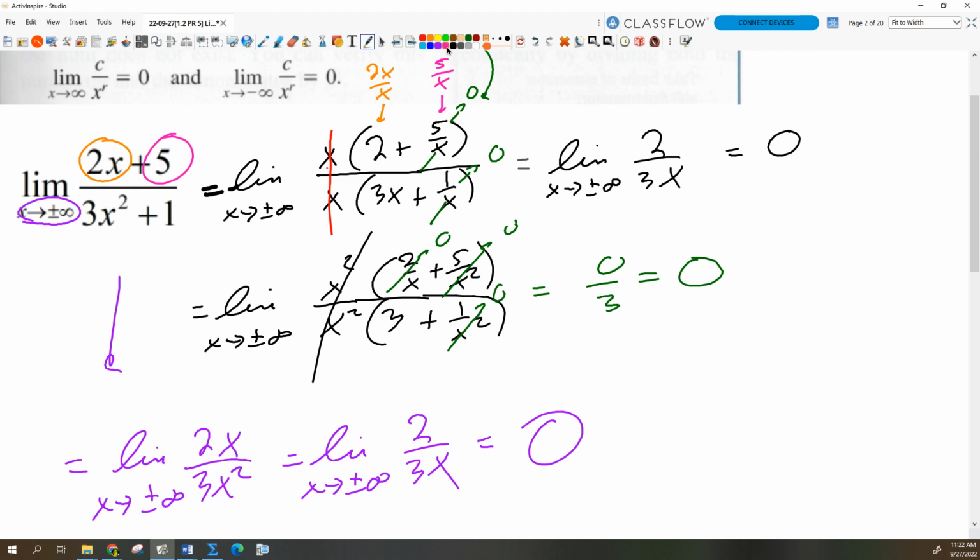When I'm factoring something out, I'm undistributing it, which means I have to divide away what I started with. We can prove it by just reversing the process. If I distribute this x, sure enough, I get my 2x, and x times 5 over x cancels that x on the bottom, and I just get my 5.